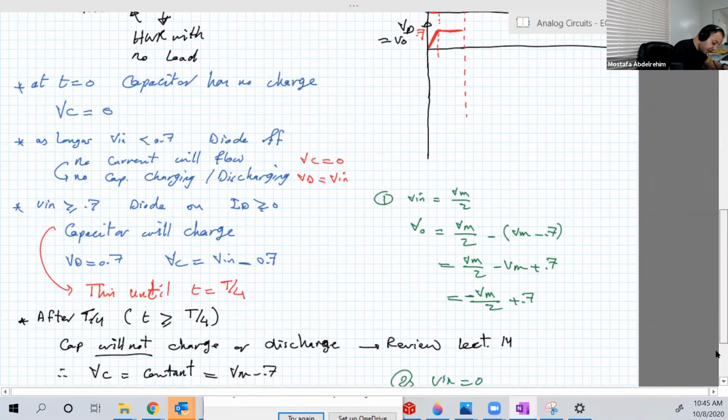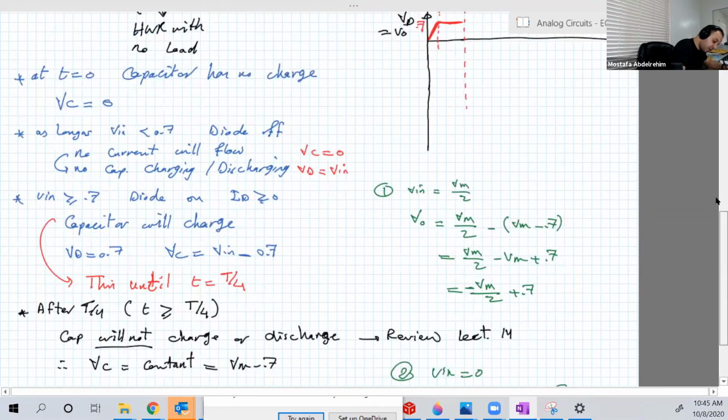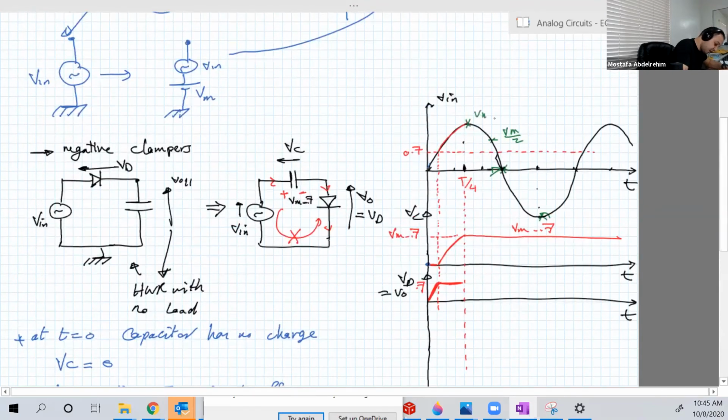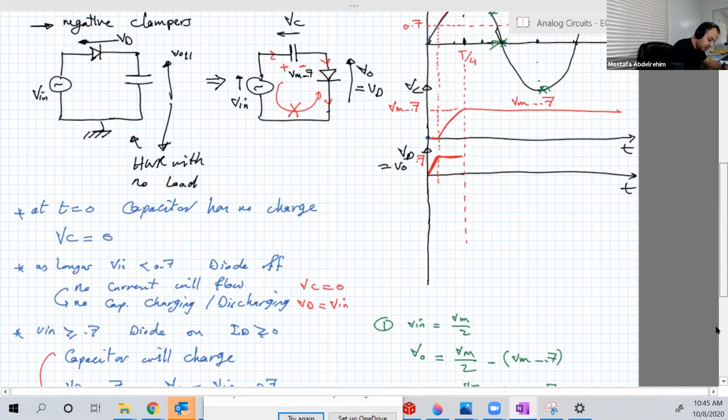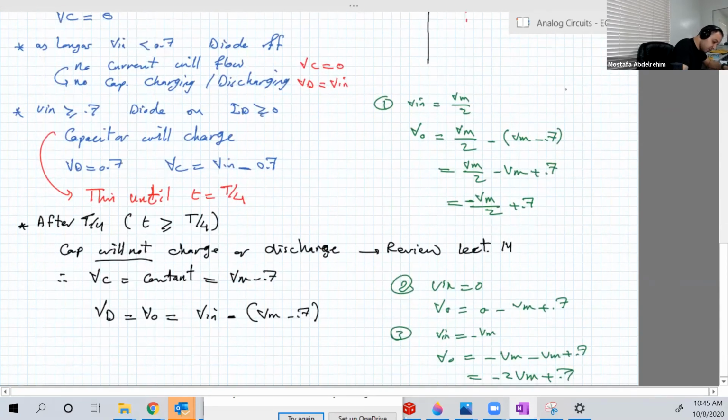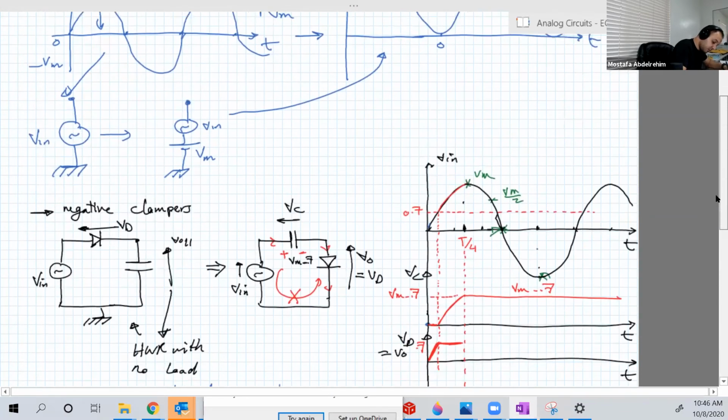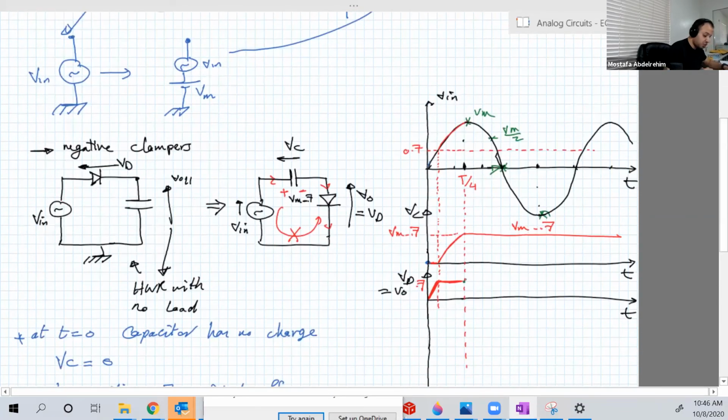And let's take another point, this point at Vmax, the first point actually in the curve. Number 4, V input equal to Vmax. So VO is equal to Vmax minus Vmax plus 0.7. So VO is equal to 0.7, which is that point actually.